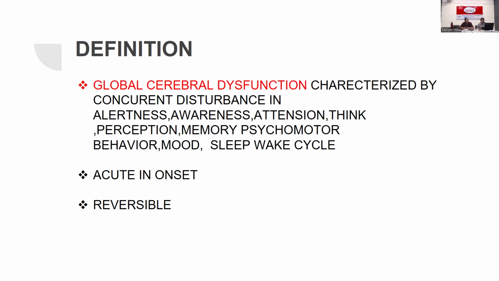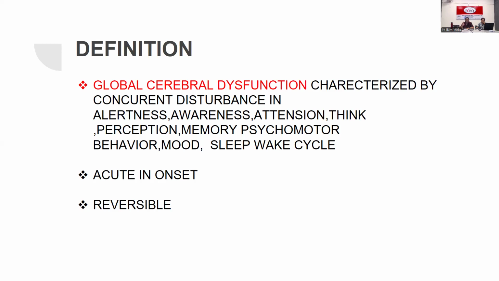As a definition, it is defined as a global cerebral dysfunction, something related to the brain. It is characterized by a concurrent disturbance in alertness, awareness, attention, thinking, perception, memory, psychomotor behavior, mood, and the sleep-wake cycle.